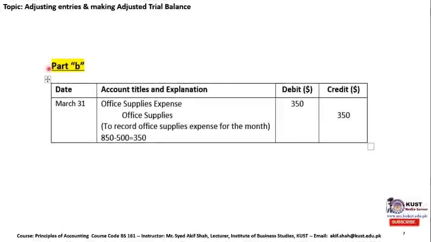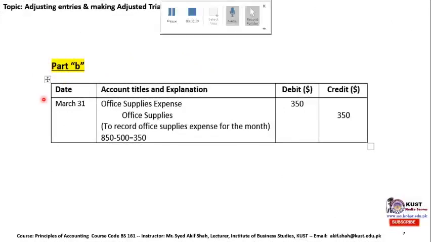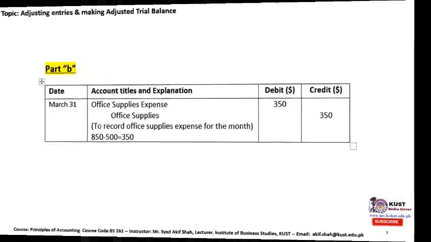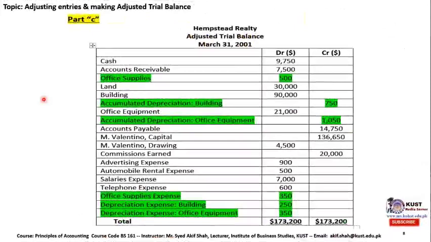In part B, the question was asking us to make an adjusting entry for office supplies used during the month of March. After which in part C, the illustration was expecting us to incorporate these adjusting entries into the adjusted trial balance.